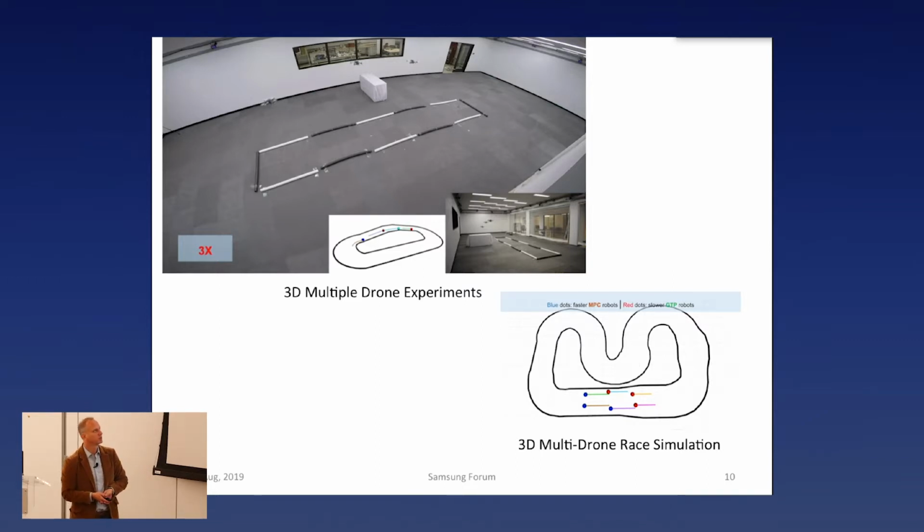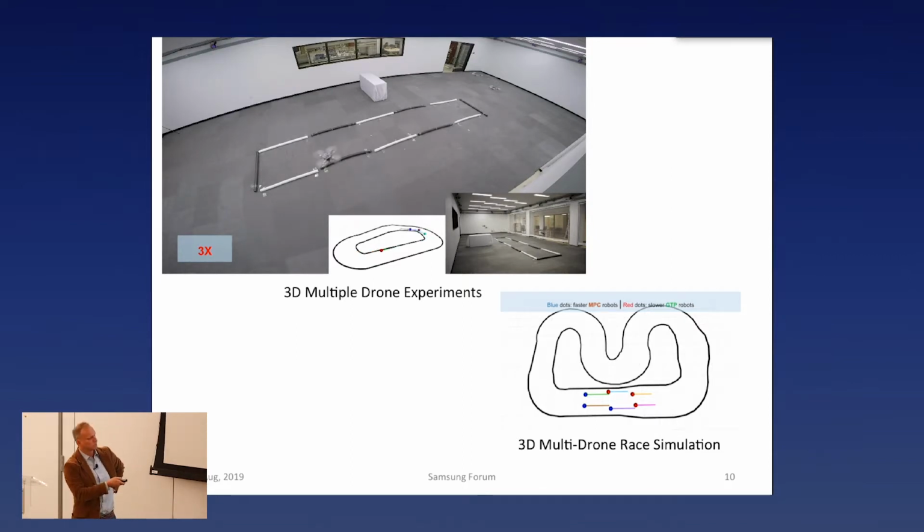So here's an example of that same algorithm with some tweaks running on 4 drones. So all 4 drones are using the game-theoretic planner to race against each other. In fact, I misspoke. 2 of the drones are using a game-theoretic planner, and 2 of the other drones are using some nominal policy that's not the game-theoretic planner. And then we can also do this in 3 dimensions.